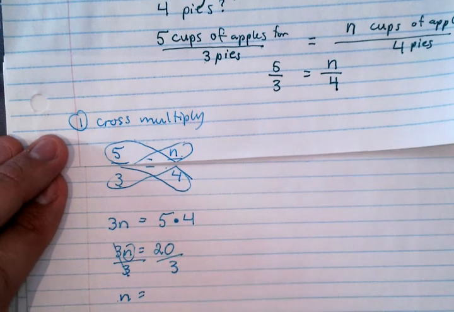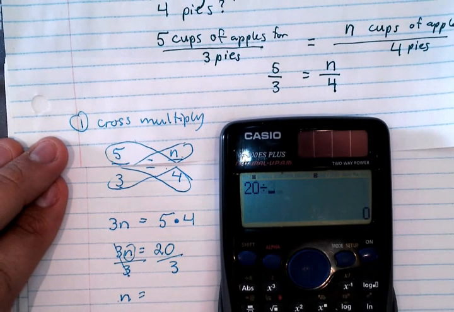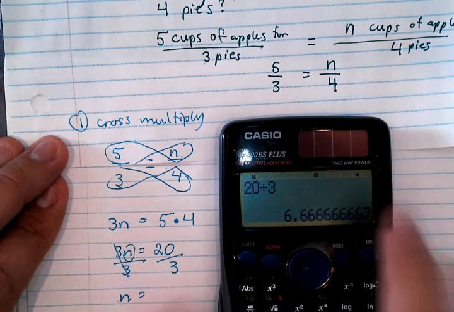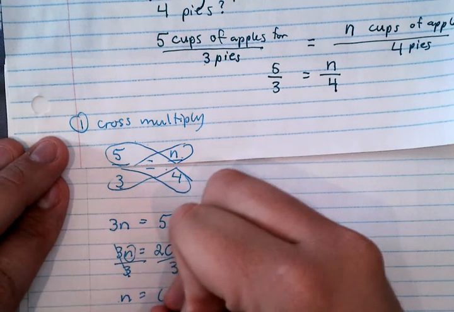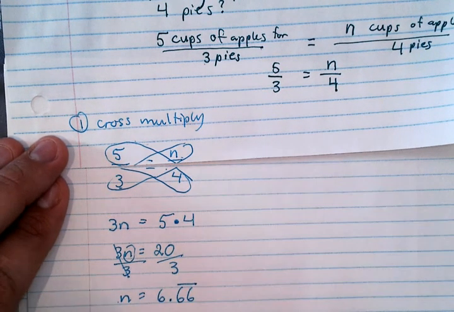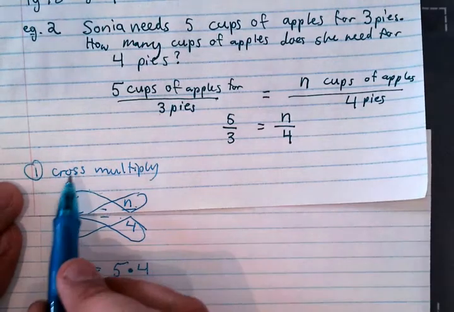Now, that's not going to give us a nice even number, unfortunately. It's going to be 6.666666. Okay, so 6.66, and we can put that line to say it repeats. Awesome. That's one method. That's the cross multiply method.